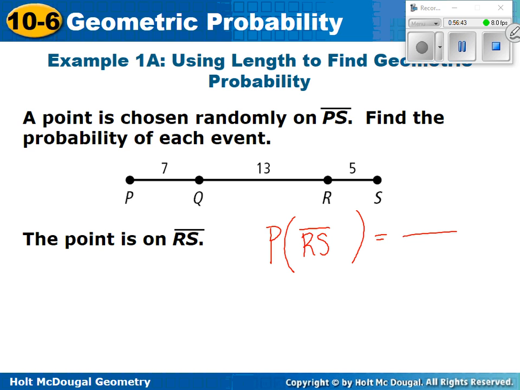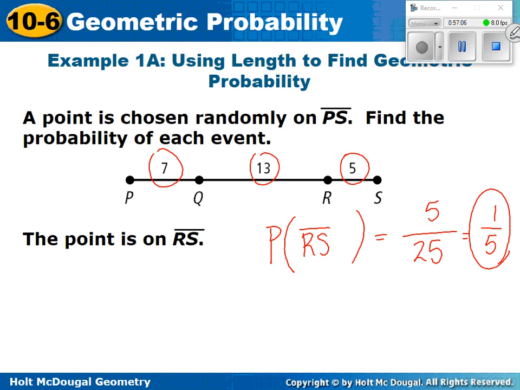So what's the distance from R to S? 5. What's the total distance of the entire line segment? Good, it's going to be 5 plus 13 plus 7, which is 25. And what's 5 over 25 as a fraction? 1/5. Again, you can use your calculator and it'll change it to simplest fraction form for you.